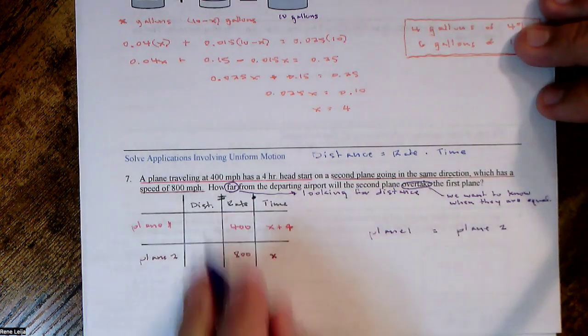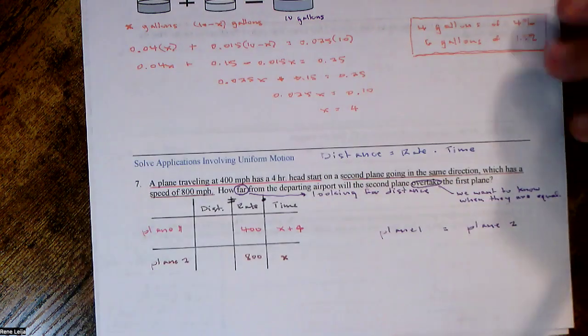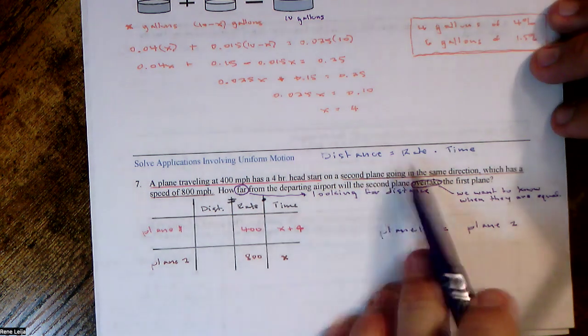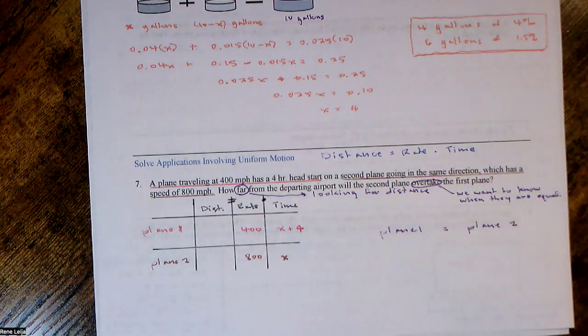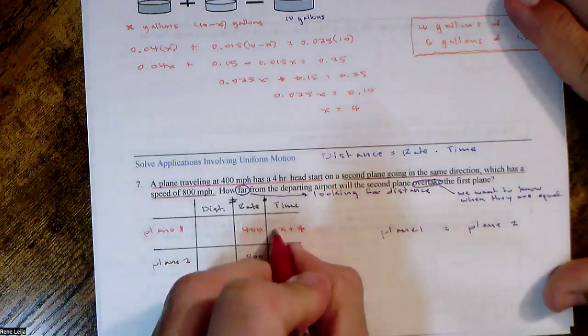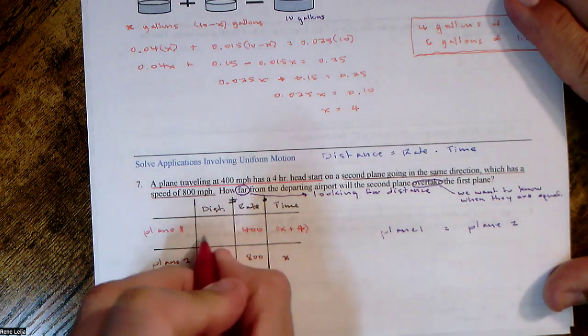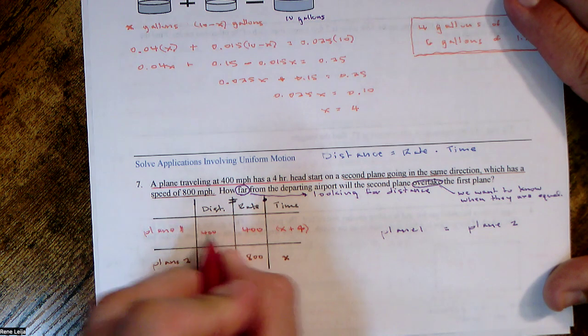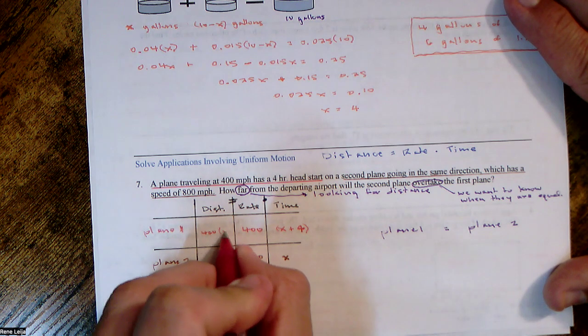Notice that we don't have anything in here for distance. However, I do know that distance equals rate times time. So all I'm going to do to fill this in is multiply. So this is going to be 400 times x plus 4.